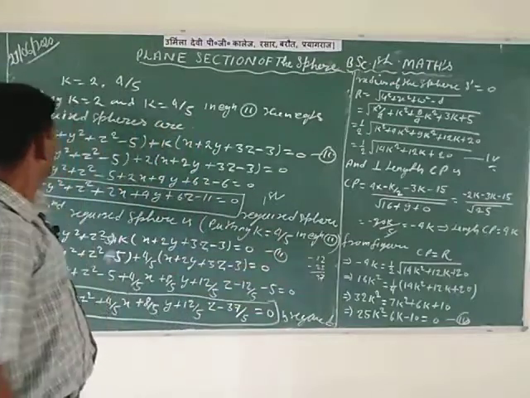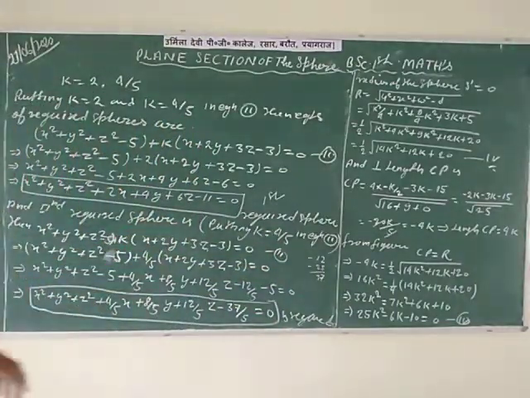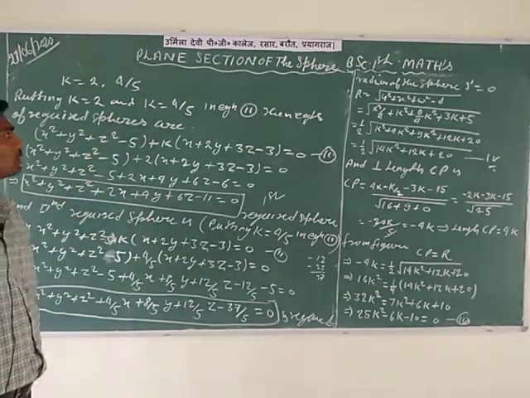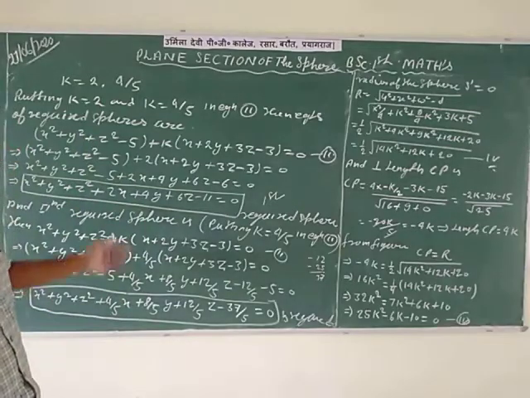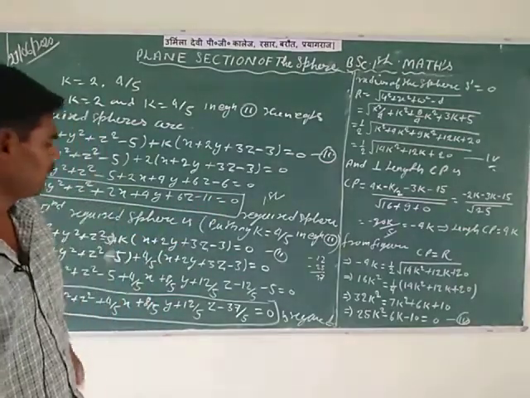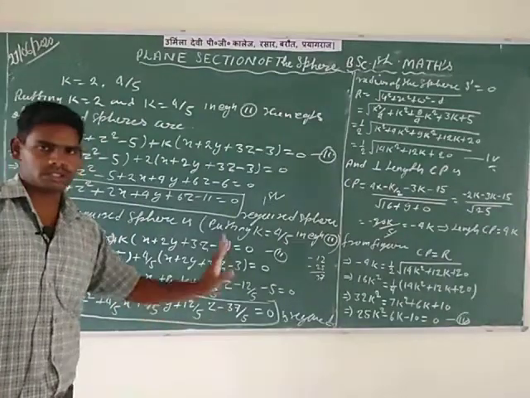After factorization of equation fifth, the values of k are 2 and 4 by 5. Here after putting k is equal to 2, the required sphere equation is this, and after putting k is equal to 4 by 5, the required sphere is this.